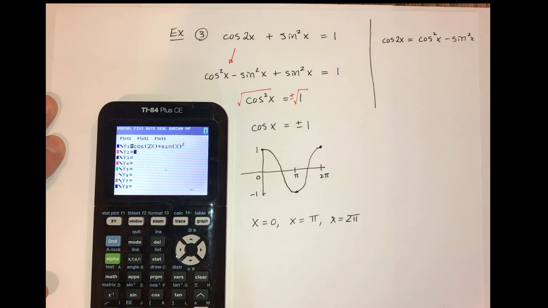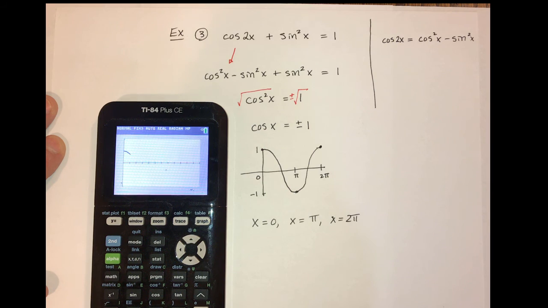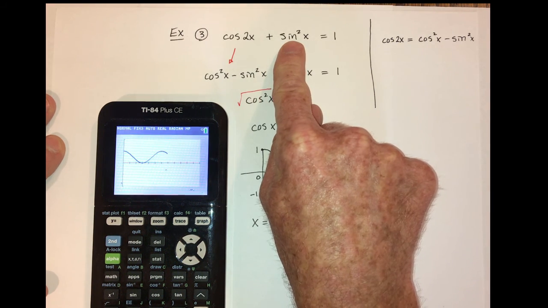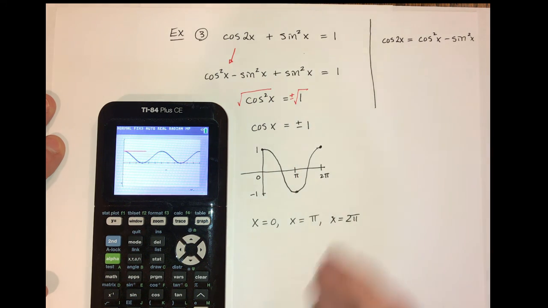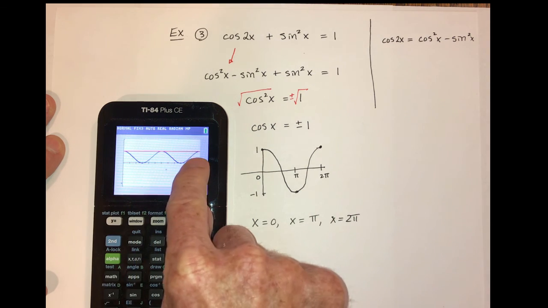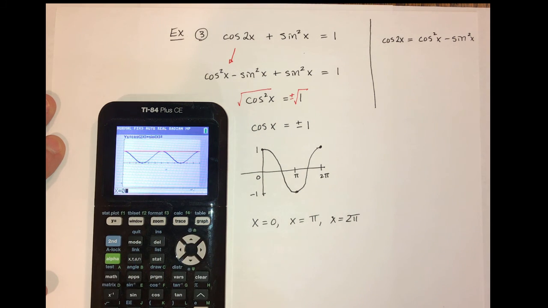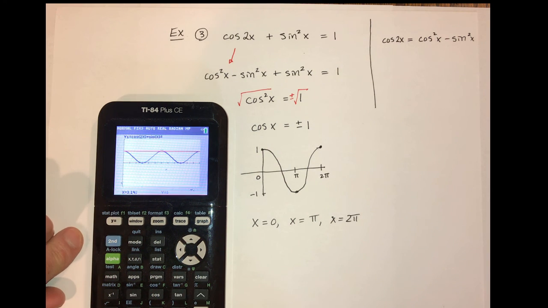And then when is that equal to 1? So take a look, and here goes the left side. That's graphed in blue. And then it's going to make a line straight across when it equals 1. And there's 1, 2, 3 answers. Trace, 0, yes. And pi, correct.